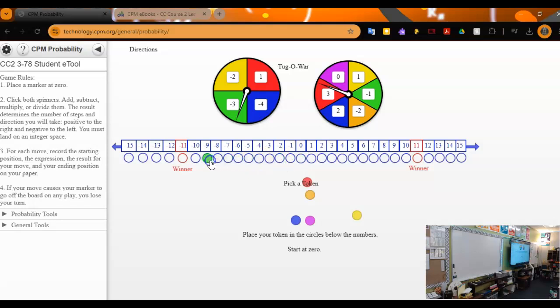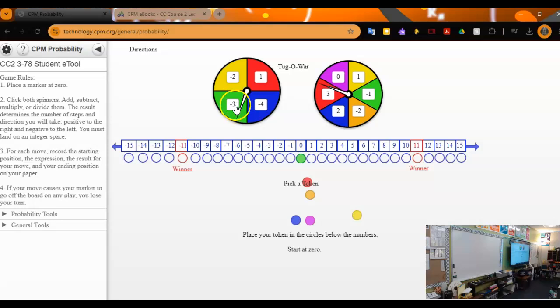I would then get to go to -9. Or if I did -3 minus 3, what's -3 minus 3? It's not 6, it's -6, friends. If you're at -3 and go down 3, I could get to -6.